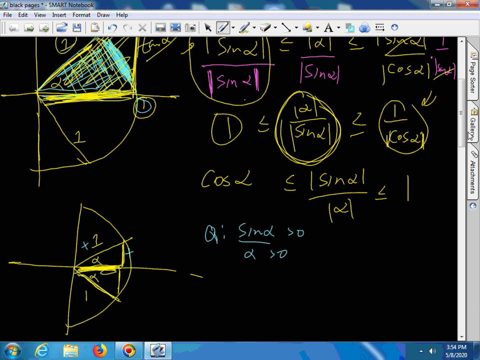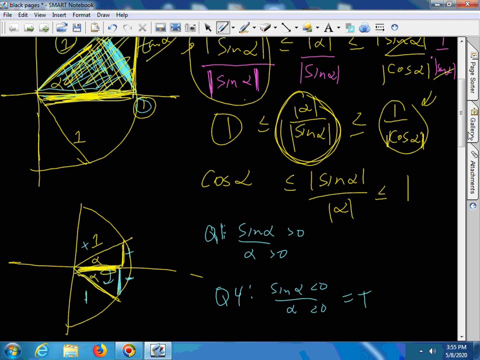Now in quadrant number 4, the sine is the opposite over 1, over the hypotenuse, which will be negative. In quadrant 4, the sine is negative, and the angle is negative. Well, that fraction is going to be positive. No matter which quadrant you're in, 1 or 4, sine of A over A will be positive.